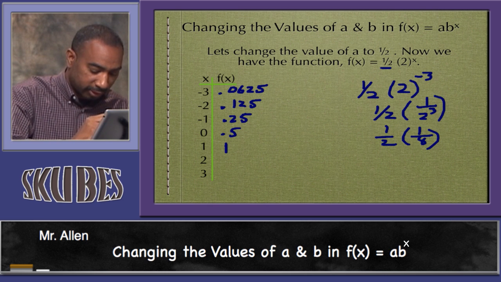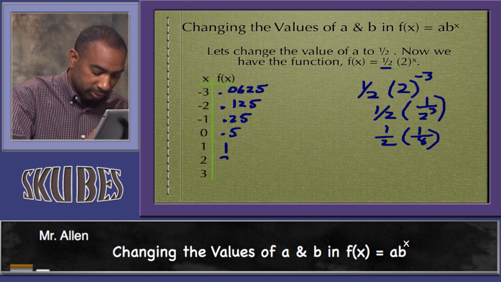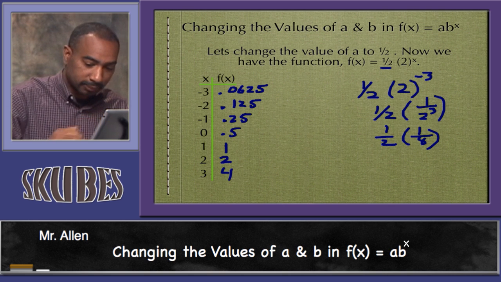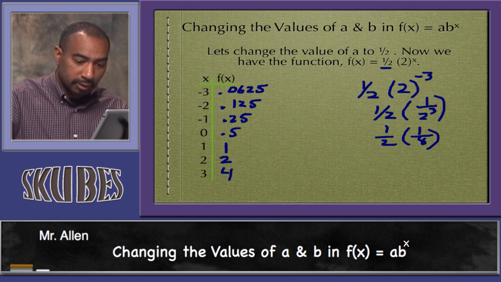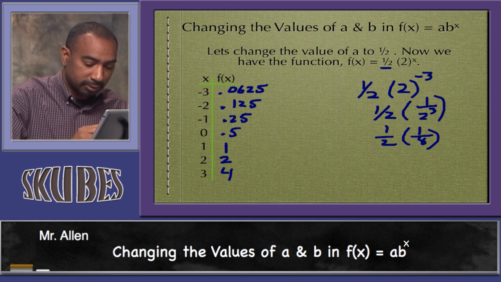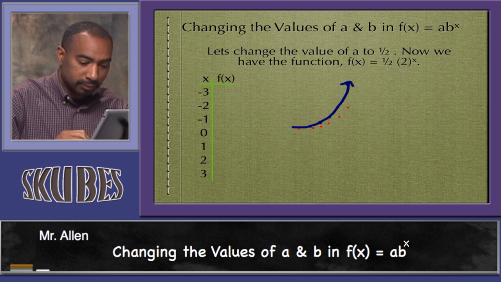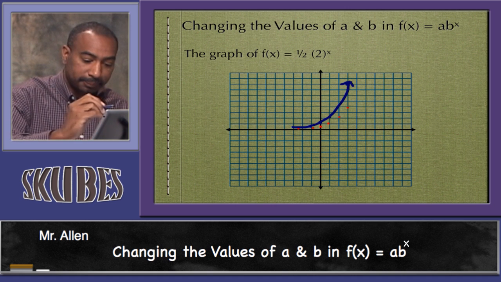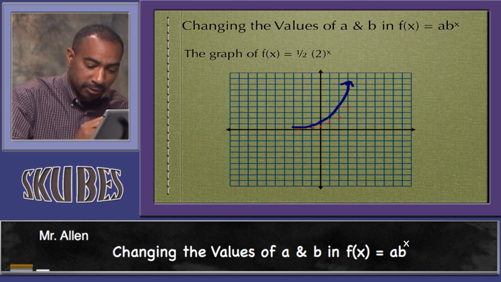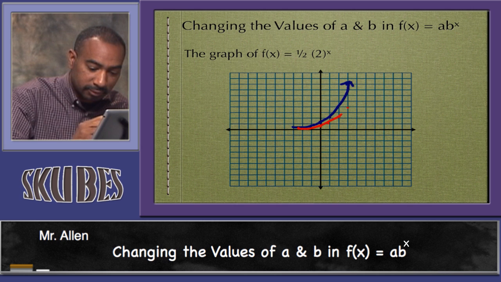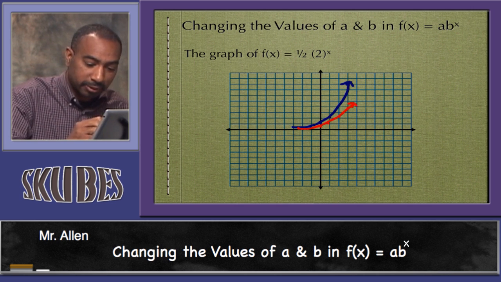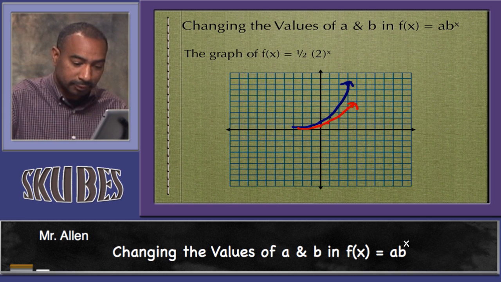X is 1, f of x is 1. And you get 2 and 4. And you want to plot these points. So when you do that, notice that it's going to stretch out a little bit. It goes in the same direction, but it's going to stretch out a little bit. It won't be as steep.